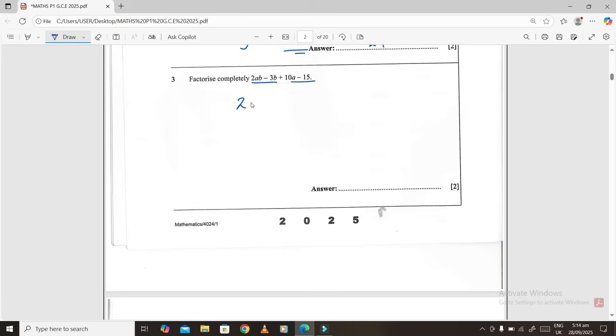You have 2ab minus 3b plus 10a minus 15. So what it means by grouping, you find what is common between the two terms. So b is common, we shall have 2a minus 3 plus here what is common is a 5.